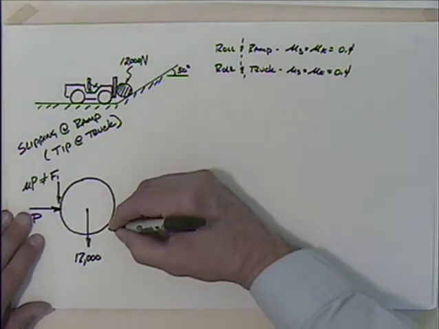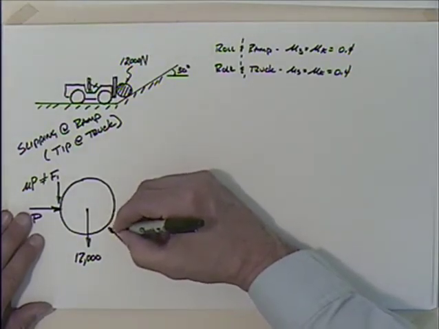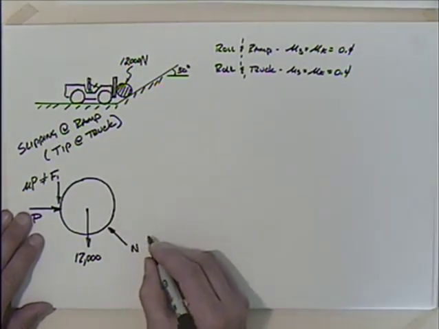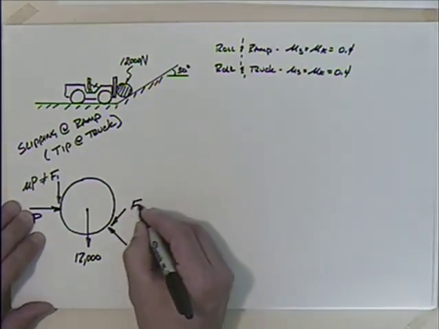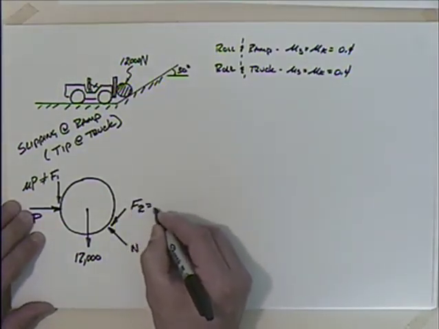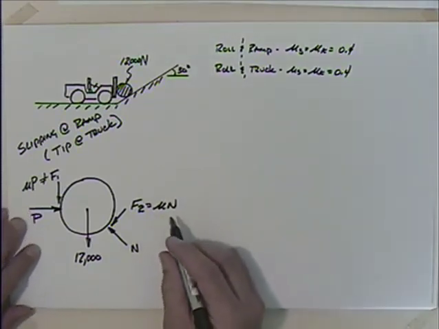And over here I have the normal force, and then the friction force F2, where F2 is equal to mu times N.